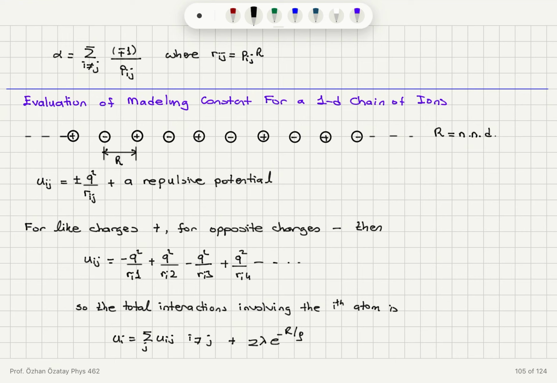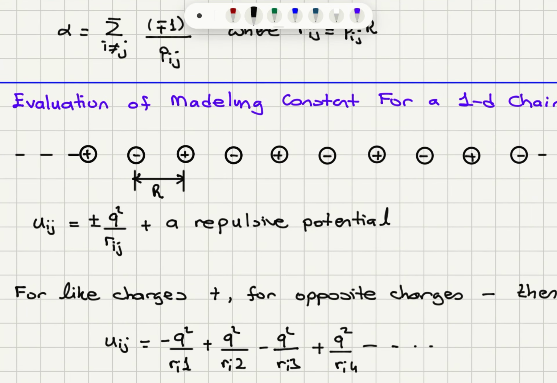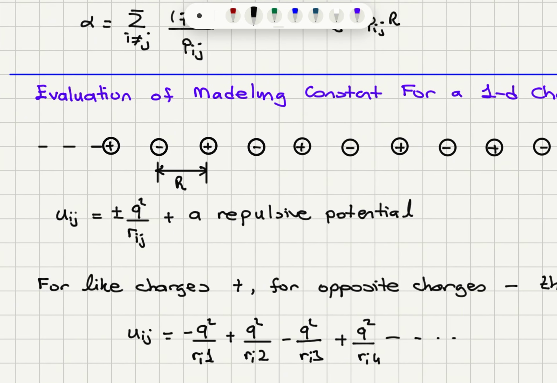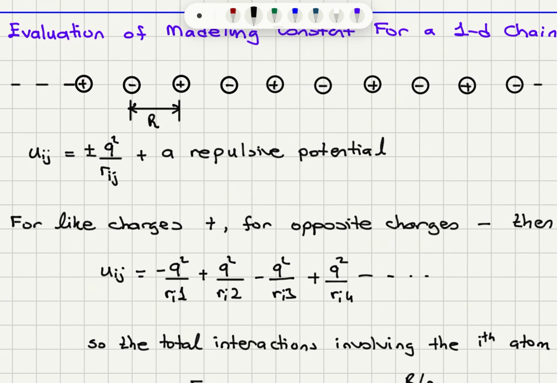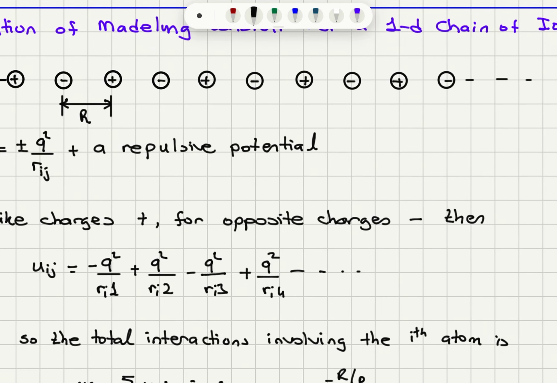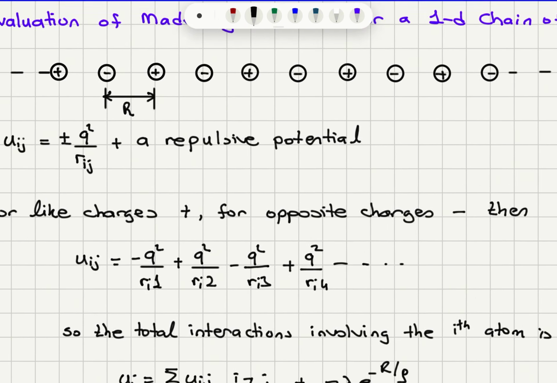So here's an example for a one-dimensional chain of ions. We have positive, negative charges. The nearest neighbor distance is capital R. Now, when I calculate for the ith atom, the potential energy plus minus q square over Rij plus a repulsive potential. So for like charges, we have a positive energy. For opposite charges, we have negative energy because it's attractive.